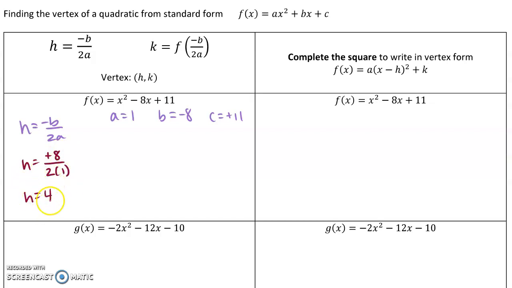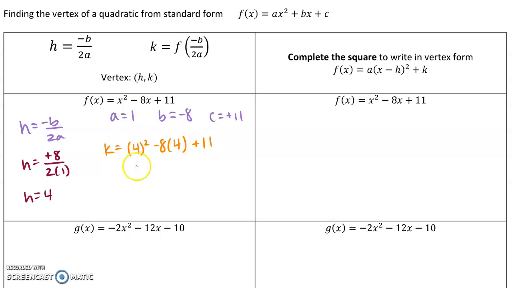So we have our h value, that's great, but now we need to find our k value of our vertex, which means we take this and we replace it everywhere we see x in our equation. So what that looks like is, to find our k, it's going to be 4 squared minus 8 times 4 plus 11.